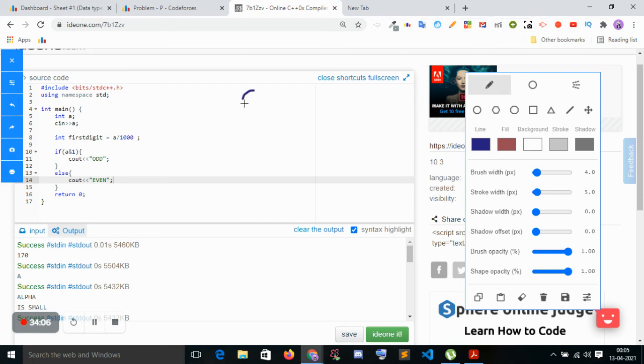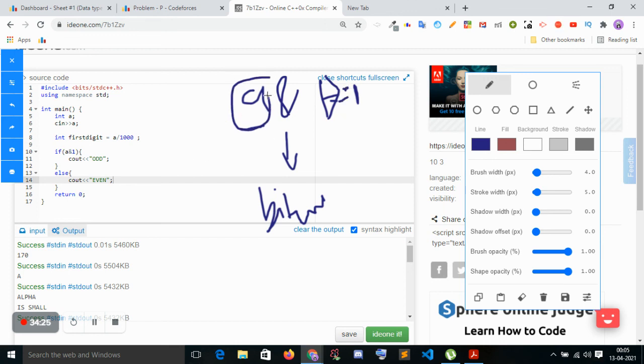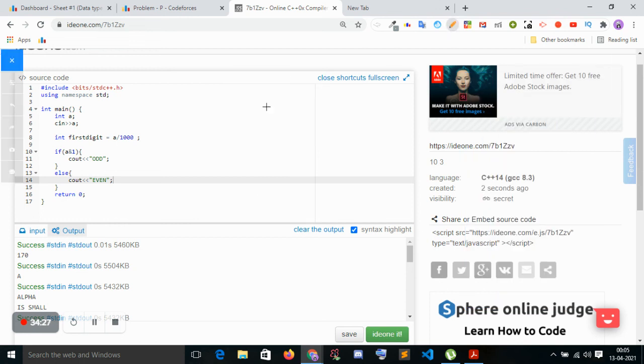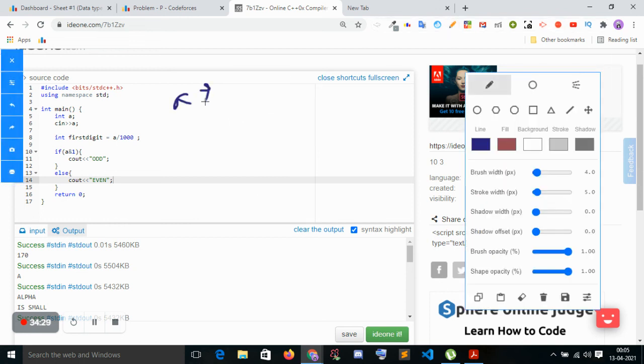What is a and 1? AND is a bitwise operator, the bitwise AND operator. If a and 1 is 1, greater than or equal to 1, then it represents that a is odd. For example, if a is 5, the binary format is 101.